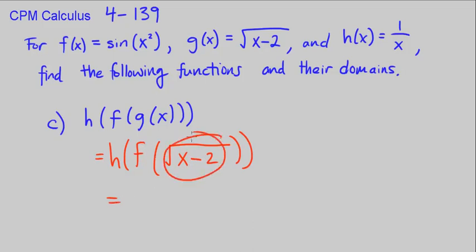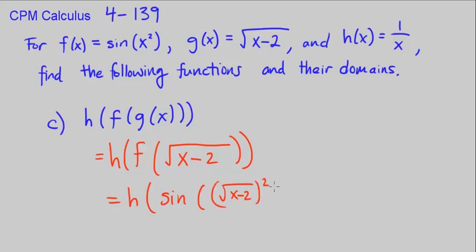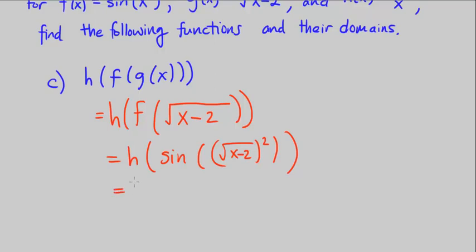Now we're going to make this the input to the function f. So this f is here, sine of x squared. So that's going to be sine of the input, square root of x minus 2, squared. Right? Let's simplify that. That's just h of, these cancel each other out, the square root and square. So that's sine of x minus 2.